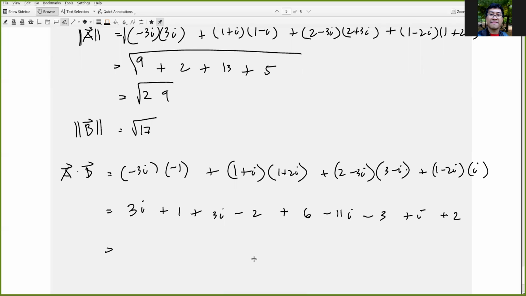Okay, so you have 3i, 3i, that's 6, minus 11i, that would be minus 5, and then i, that's minus 4i, 1 minus 2 plus 6, so that's 5, minus 3, that's 2 plus 2, 4.